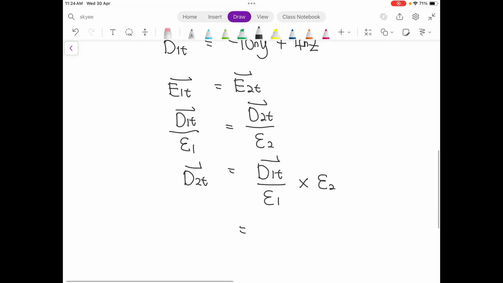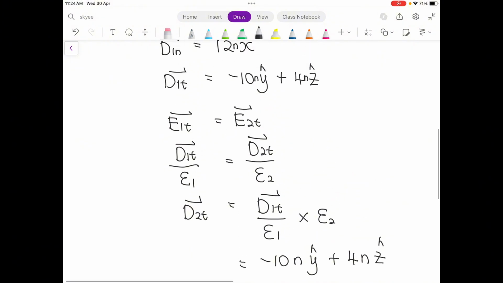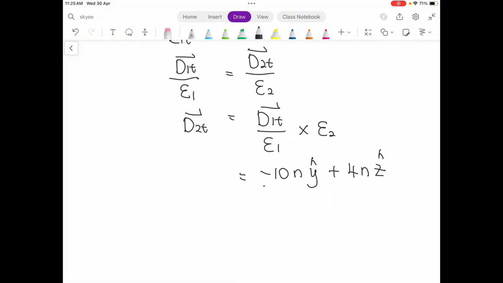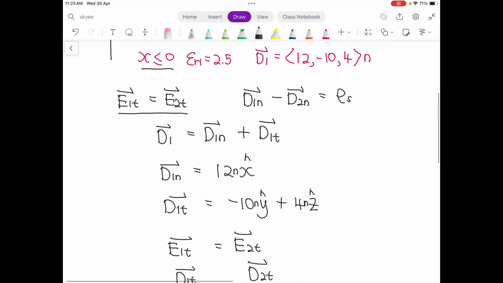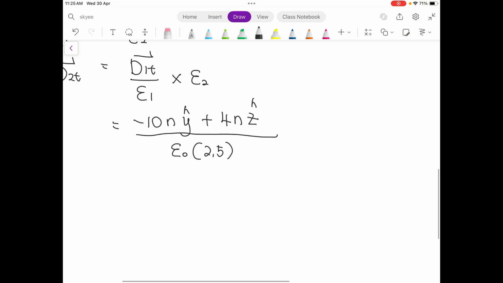My D1t is negative 10 nano y plus 4 nano z, over epsilon naught times 2.5, since epsilon r1 is 2.5. For epsilon 2, it is epsilon naught times epsilon r2, and r2 is free space, so it's equal to 1.